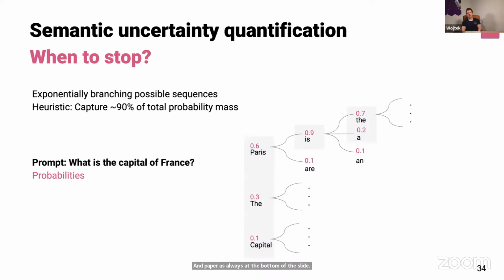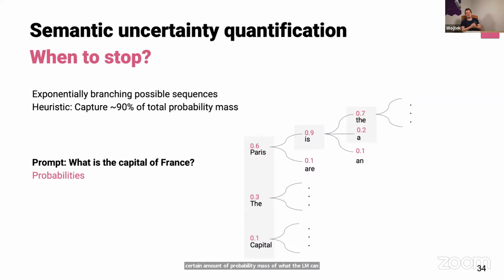Now, the first question we want to ask is, when do we stop? Generally speaking, LLMs can generate vastly different answers, especially if we start looking at very improbable answers. So what we want to do is keep on creating this tree, but not until we get to a probability of 1 and all the possible answers, but until we get a certain amount of the probability mass of what the LLM could generate.